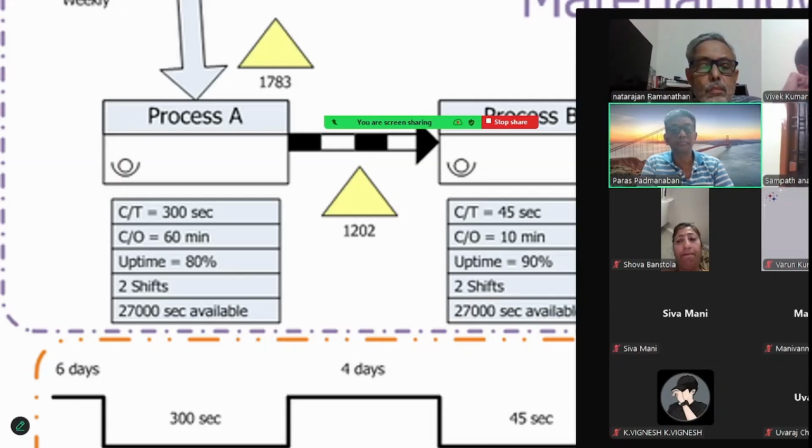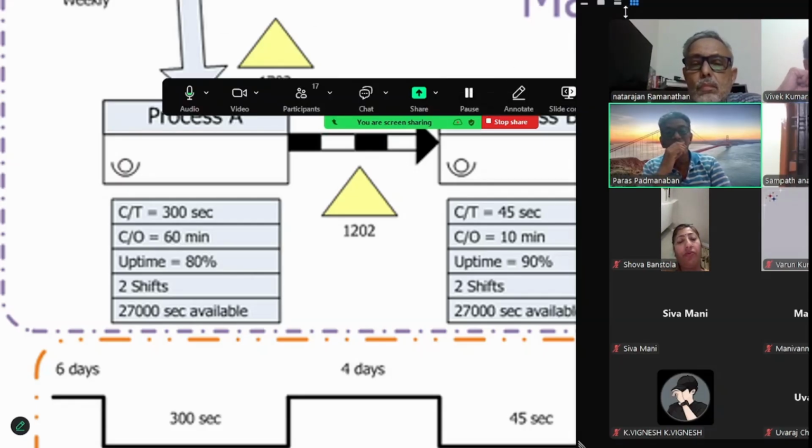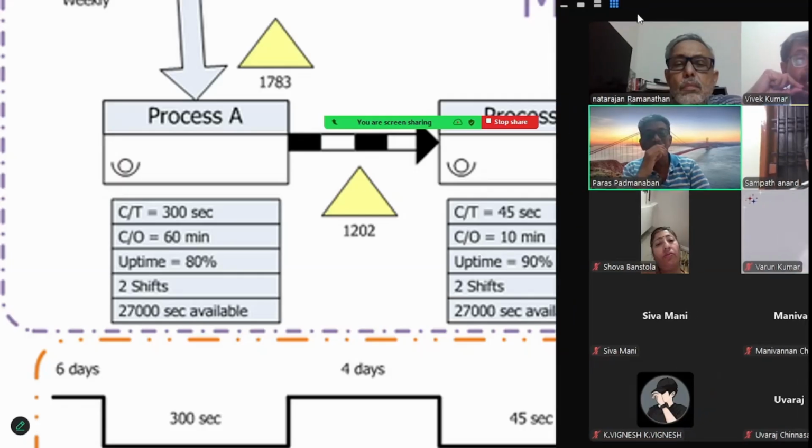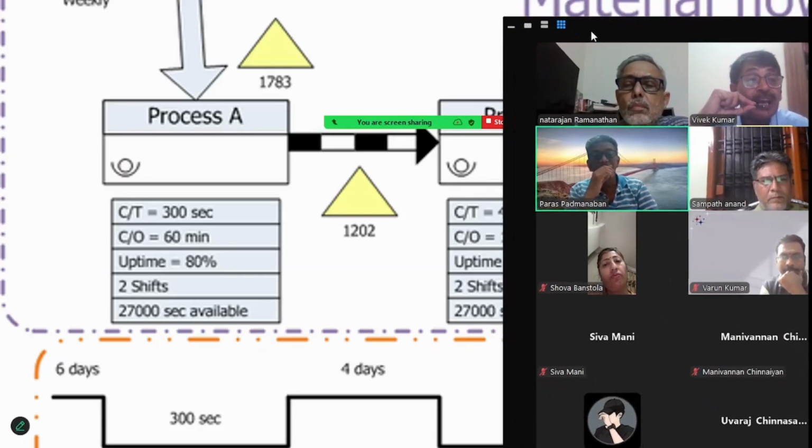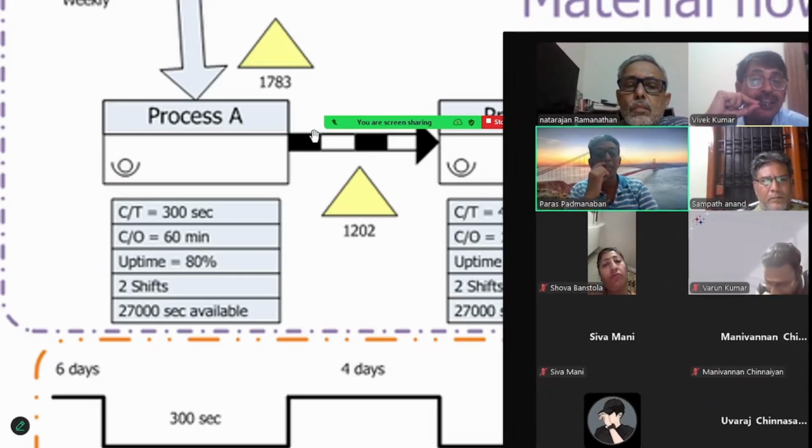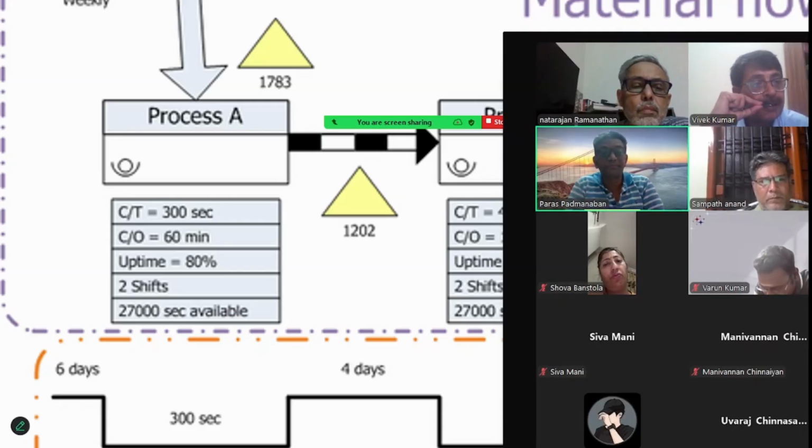First, that it will throw out a piece every 300 seconds. Show me a thumbs up. And another meaning of this, that any particular piece will spend 300 seconds on this process. Both these concepts are clear to all of you?